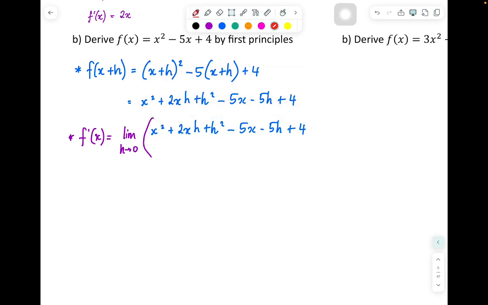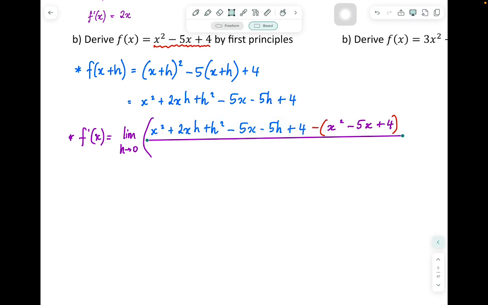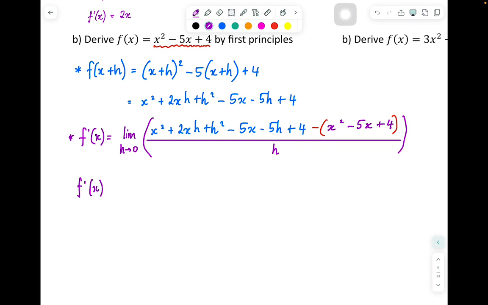We are subtracting 3 terms here. X squares cancel out.